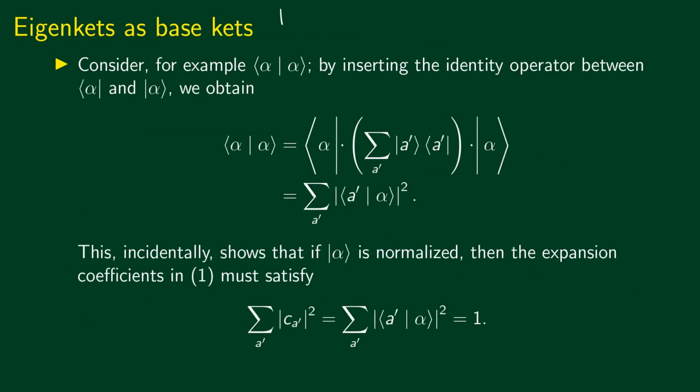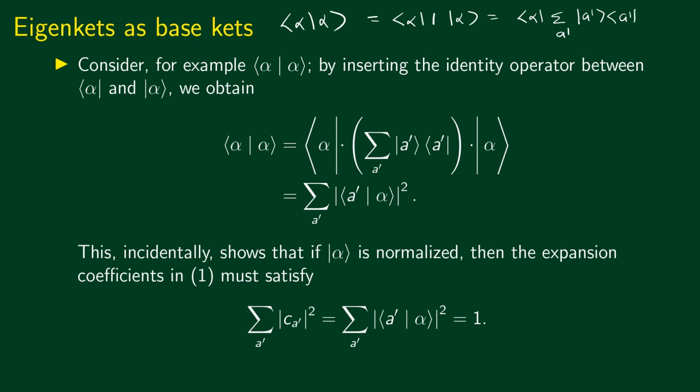For example, let's consider the bracket alpha alpha. We can write this as bra alpha, identity operator, ket alpha, because the identity operator does not change this ket or this bra. Now I write this identity operator in the form that we had in the previous slide: sum over a prime, ket a prime, bra a prime.